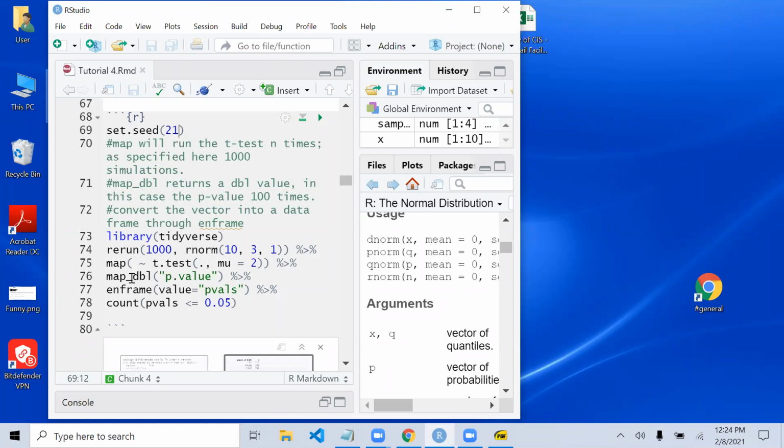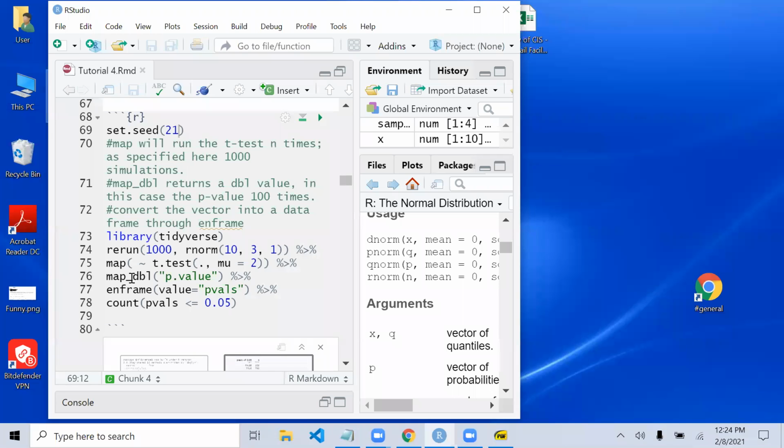You can use map character, like CHR, but not in this context. If you have characters you're pulling out from your data frame, you can pull out characters using map underscore CHR. So the actual map function you use matters for the context of your data frame. Basically, you have to be careful in this way, right?